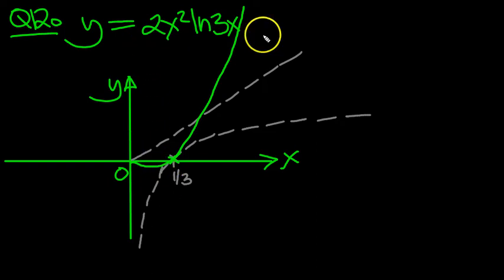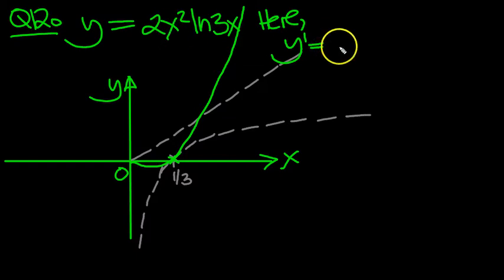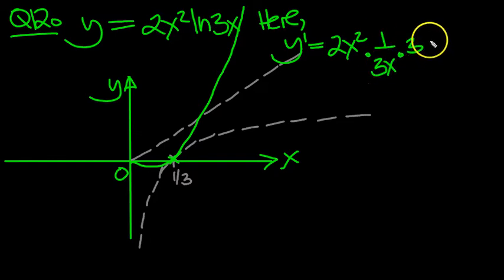Let's get this turning point just out of interest. So here, y dashed is equal to, it's a product, so it's u times dv dx, and log 3x is log of something. It differentiates to 1 over the something, multiplied by the something differentiated, which is 3, plus v, which is the ln 3x, isn't it? That's v, times du dx, which is 4x.